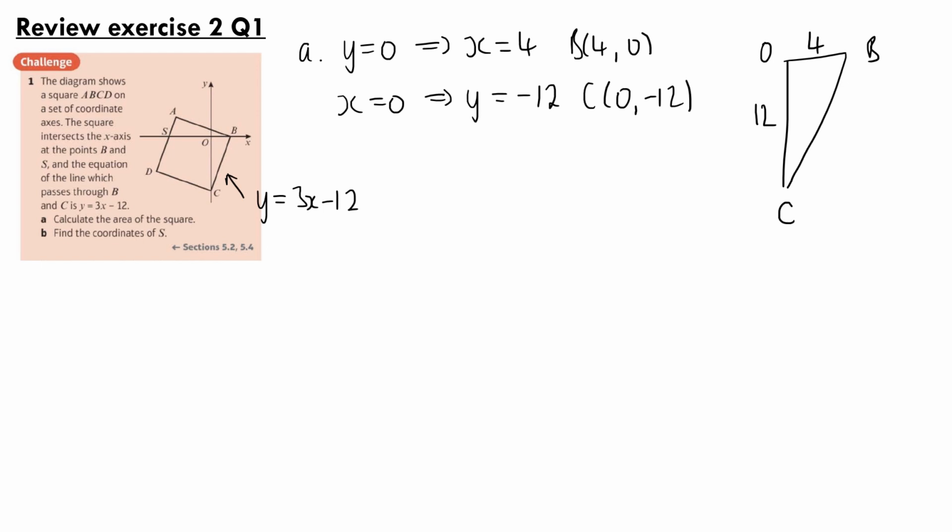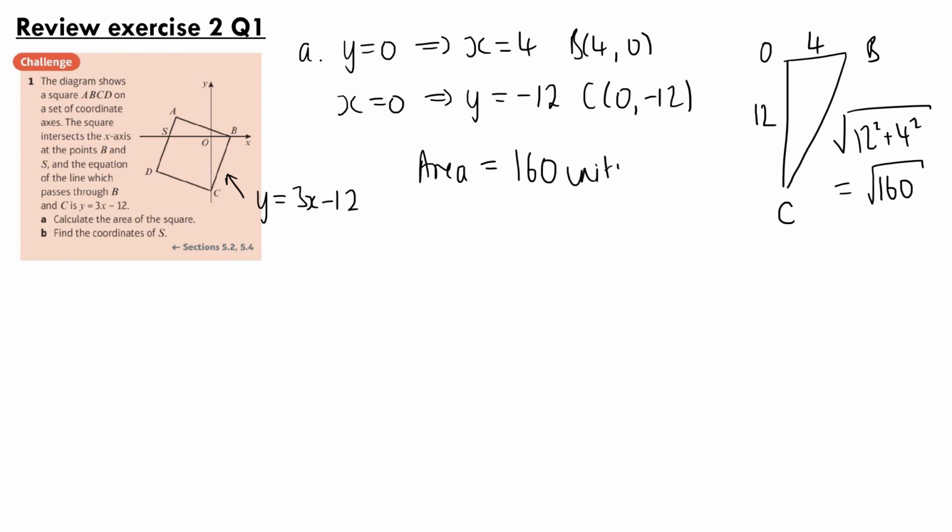And so we can find the length of BC using Pythagoras, so that will be the square root of 12 squared plus 4 squared, which gives us the square root of 160. And so the area of the square is going to be equal to the square root of 160 squared, which is 160 units squared.